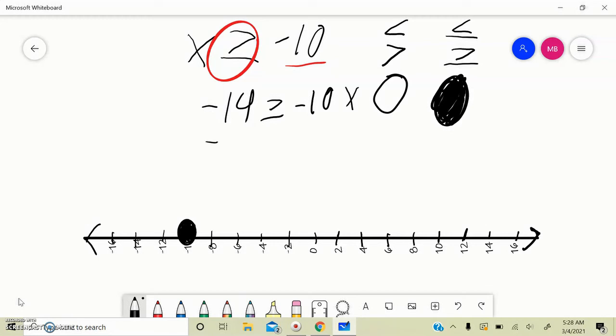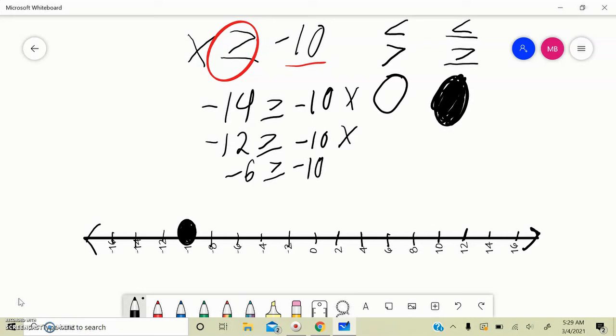Well, what about negative 12? No, that's still farther away from 0 than negative 10, so that's still smaller. Huh. Maybe negative 6 will work. Yes, because as I get closer to 0, the bigger my number gets.